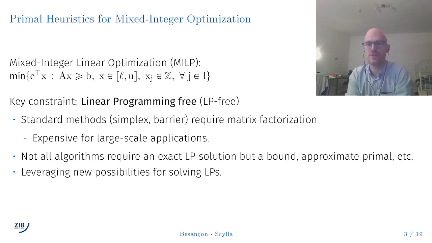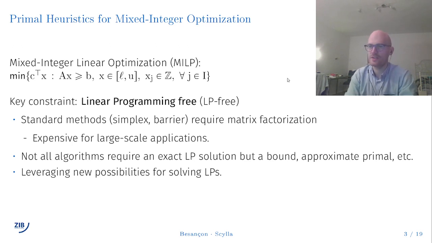So in that case, we'll take the simplest setting of this, which is the mixed integer linear optimization problem, which will be written as minimizing or maximizing a linear function subject to a finite set of linear constraints, variables belonging to some bounds, and some variables having to take these integer values.